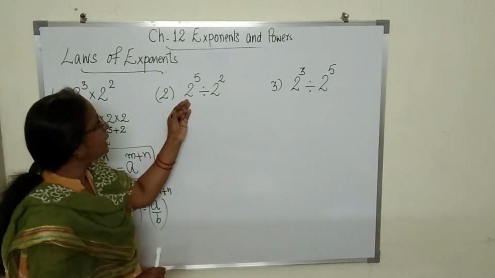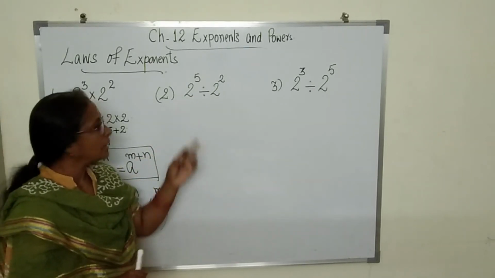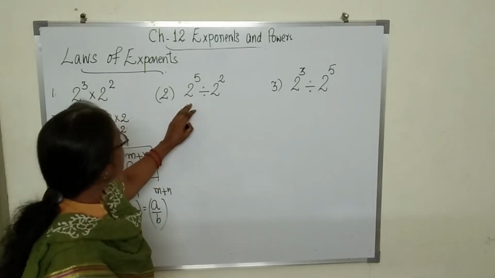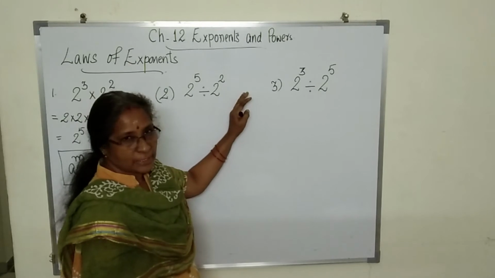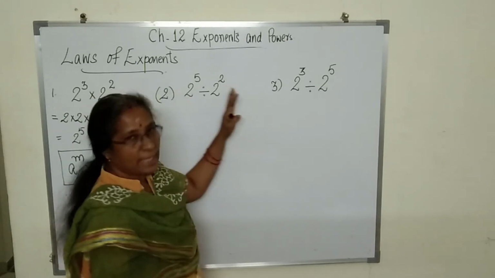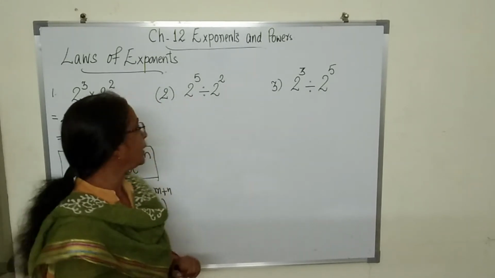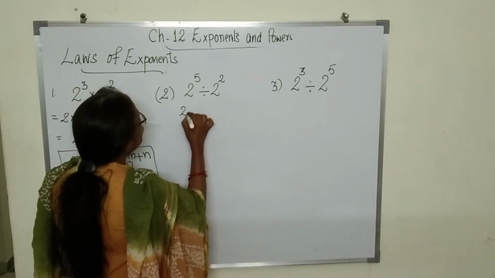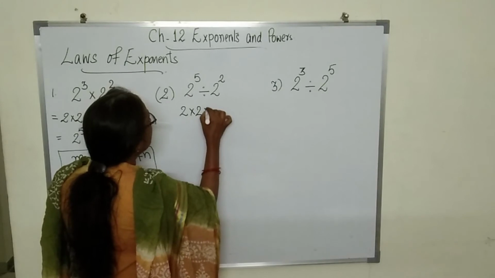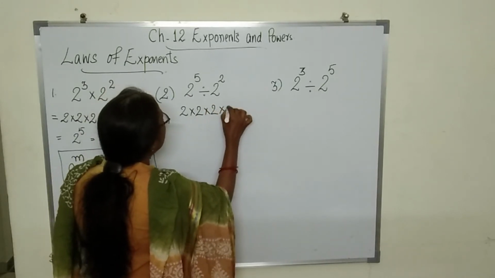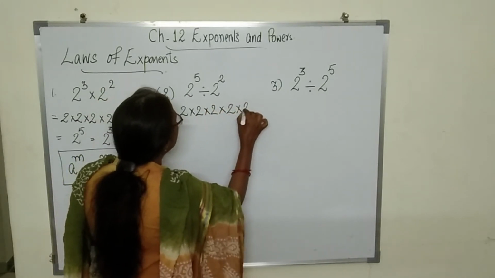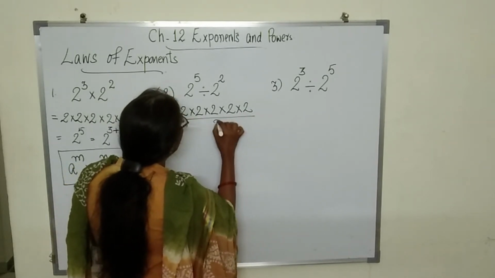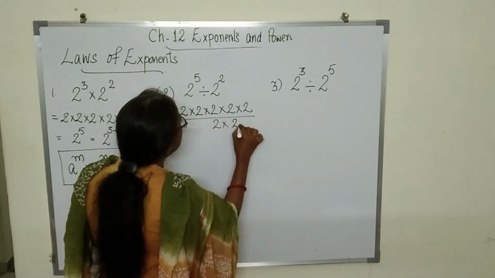Now the second one is the quotient rule, that is division. When we have to divide one power by another power, how do we do it? Let us see an example first. How will you divide 2 multiplied by 2 multiplied by 2 multiplied by 2 multiplied by 2, 5 times, by 2 into 2?